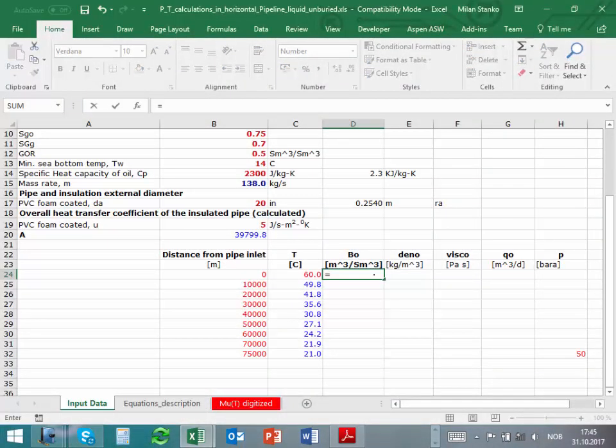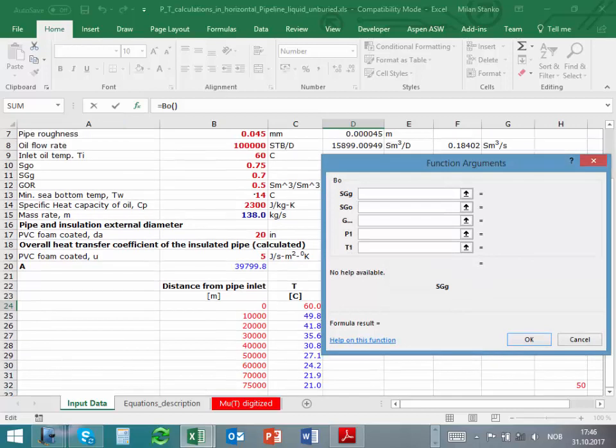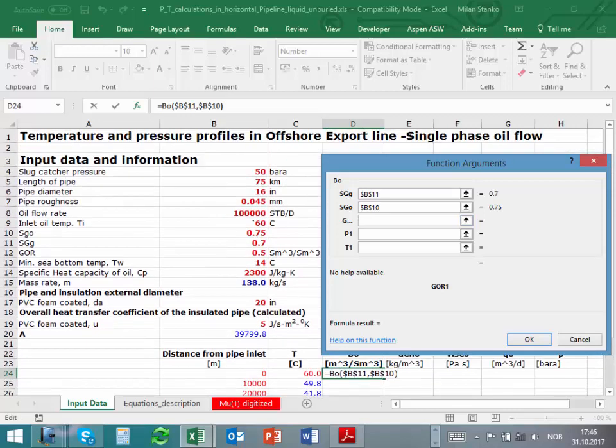BO, it's called BO, just plain BO. We need the specific gravity of the gas, block it. Specific gravity of the oil, block it. GOR, the GOR was someplace up here or down here, here.